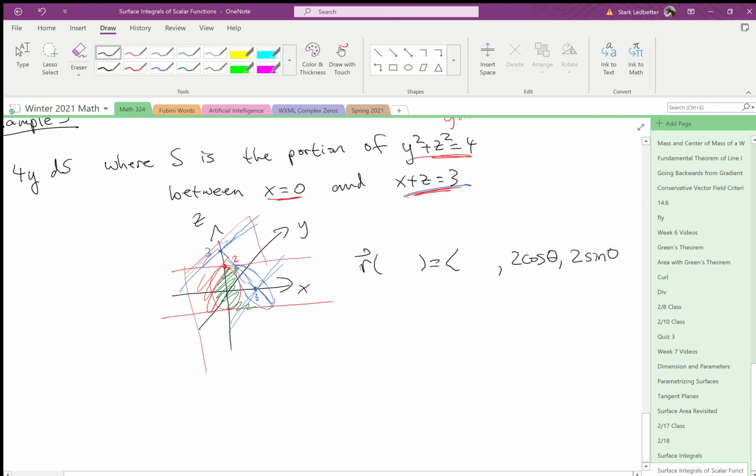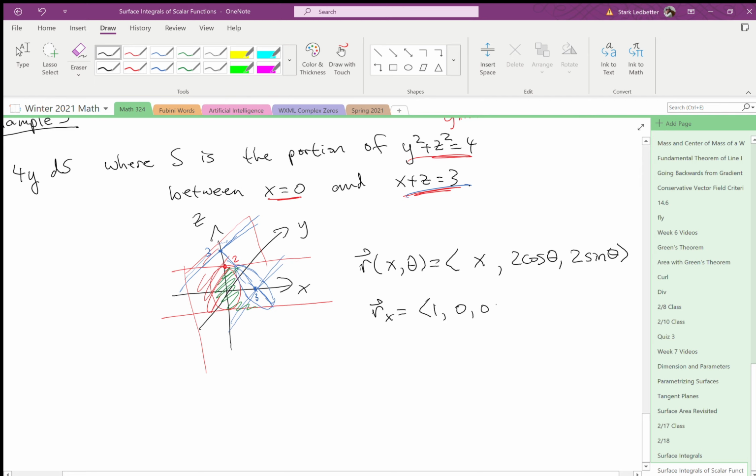That's only one parameter, and x can be anything it wants on the cylinder, so that is a reasonable parameterization of the cylinder. x is anything it wants to be, and then theta describes what happens to y and z. Okay, so let's find the partial derivatives.